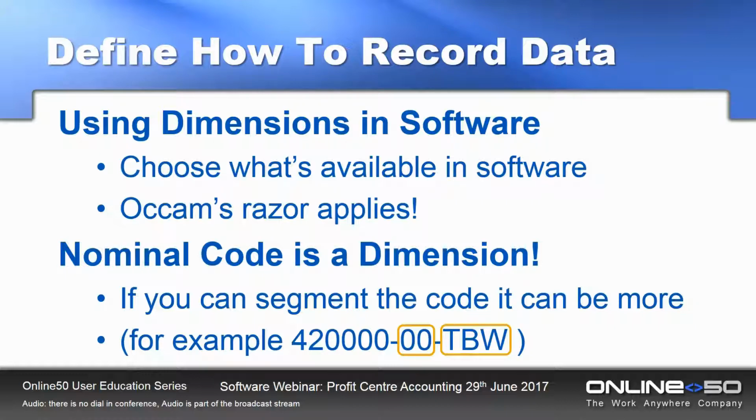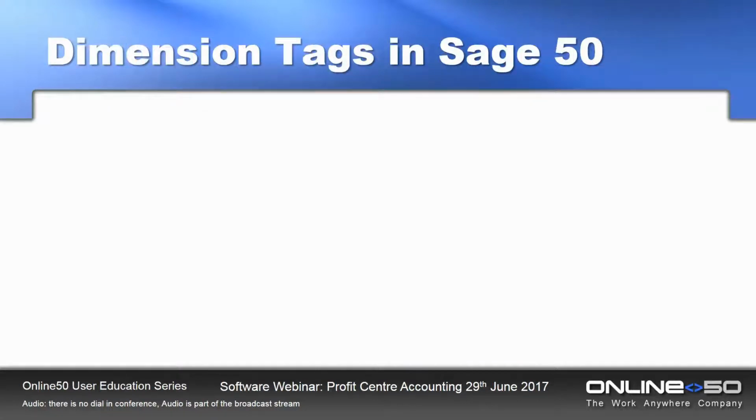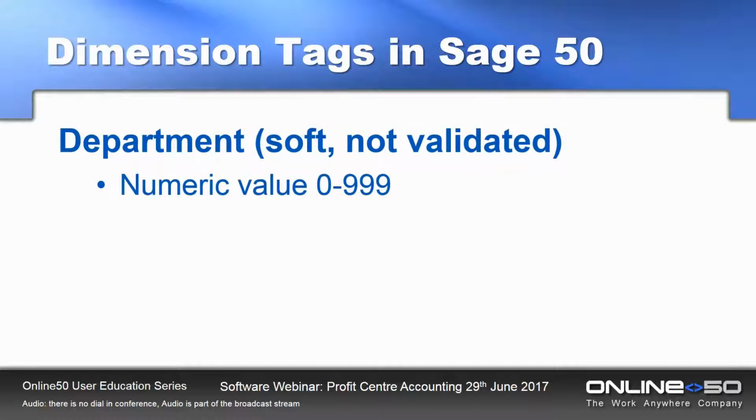Right, we're going to look at what's available in Sage 50 in terms of the tags that are available. So Sage 50 accounts, very popular. It doesn't, as I mentioned, support using segments in the nominal ledger. It does provide the ability to record a department code against each and every transaction. I've listed it as soft. What do I mean by a soft code?